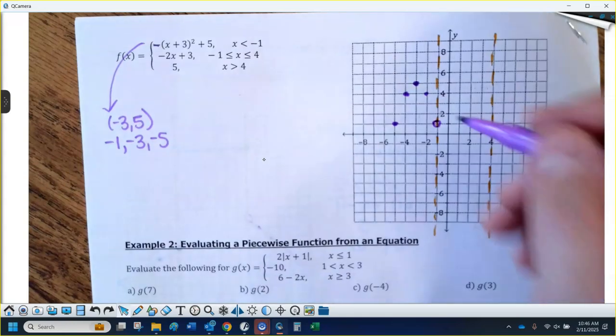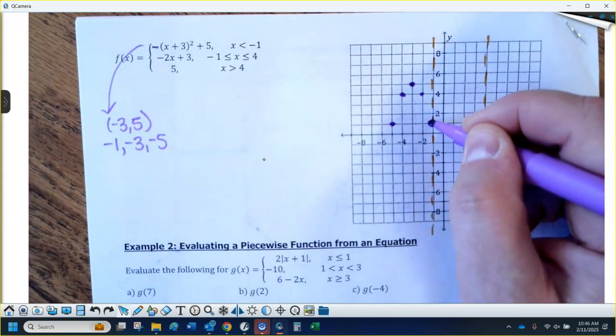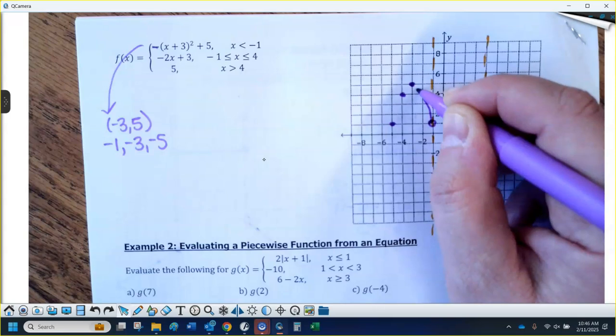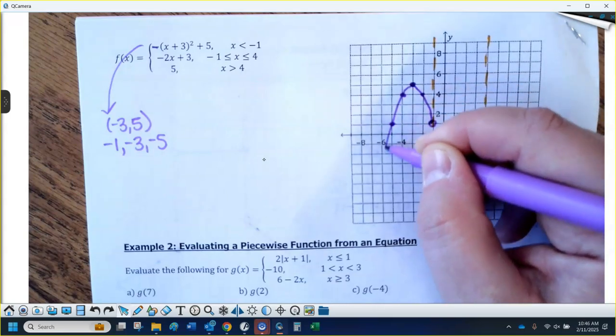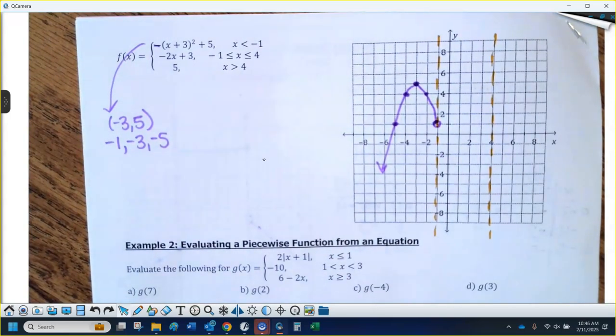And then I'm not going to go any farther to the right, so I'm just going to make my parabola, but it's only pointed to the left side there because it's going to stop right on that lovely -1. If you guys do want to make a table, I would do maybe a couple more points, like 2 or 3, so you can get the shape of the parabola, or you could just graph it, but don't go beyond that little boundary line there.